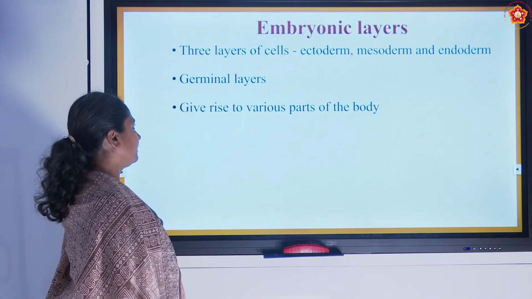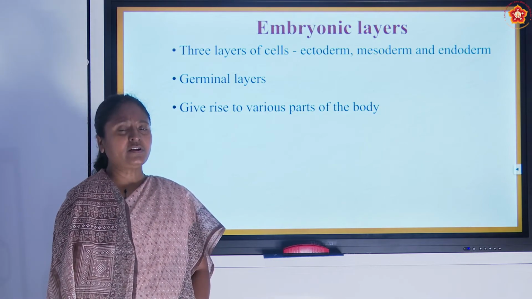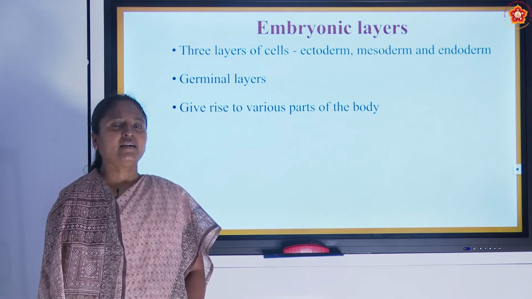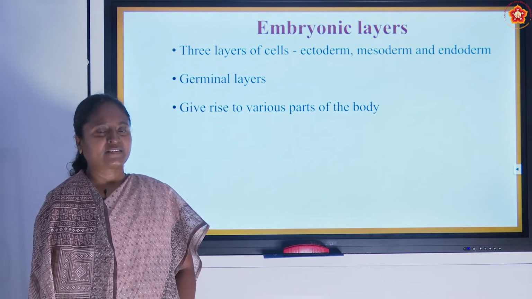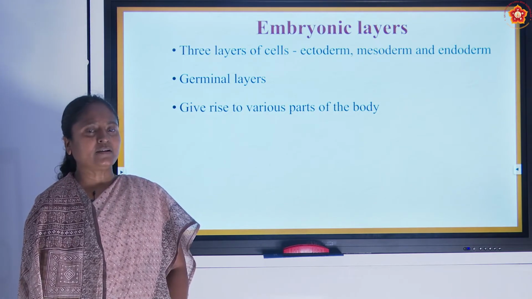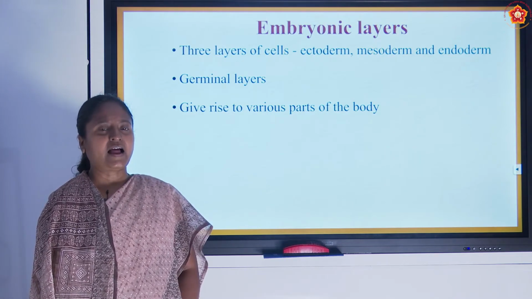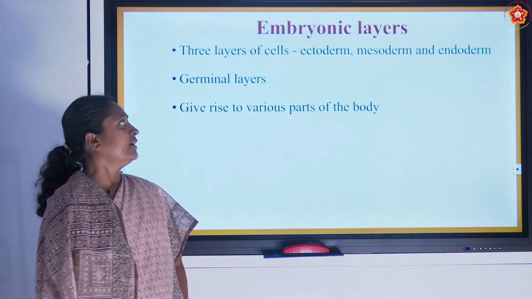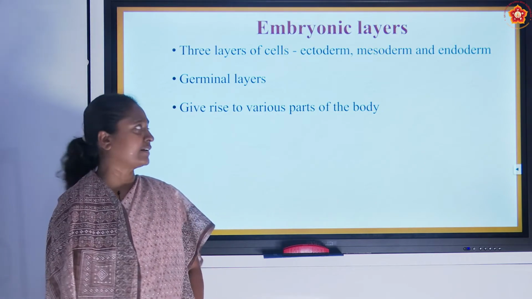of the organism. And these layers, in various combinations or in a distinct way, give rise to different parts of our body. For example, the outermost layer, the ectoderm, gives rise to the skin, and the mesoderm and endoderm give rise to different parts of our internal organs.